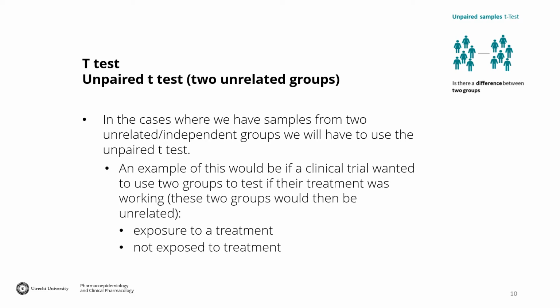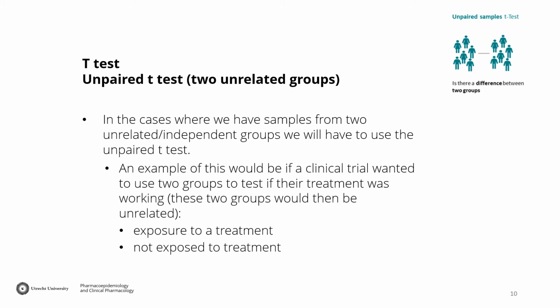An example of this could be that we want to do a clinical trial to see if the treatment in two different groups is working. So we will have one group with exposure to the treatment, and another group without exposure to treatment, and then we can see if there's a difference between those two groups.